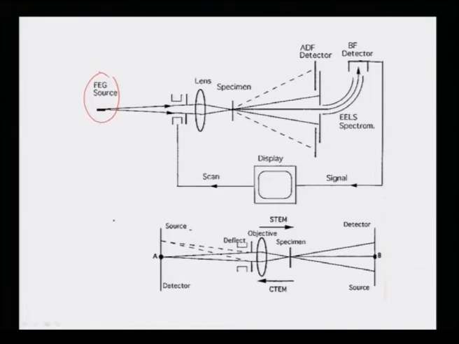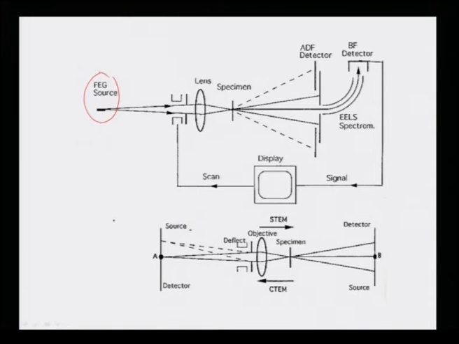This FEG source can be focused by using the objective lens onto the specimen. When the FEG source is focused onto the specimen by this kind of objective lens, the electron beam will be demagnified, and basically this beam is called a convergent beam.